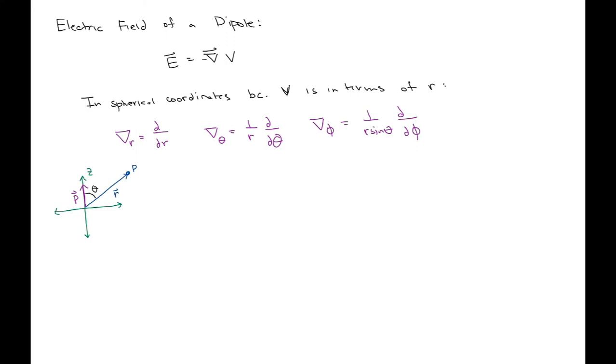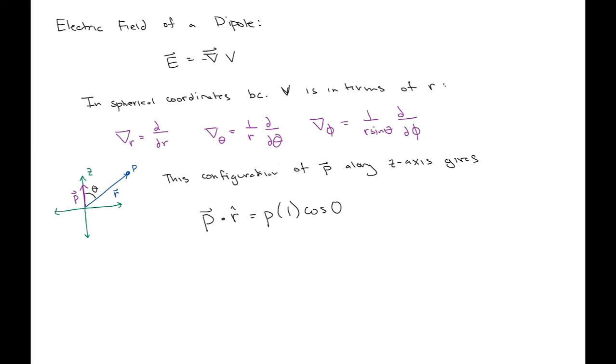So this particular configuration of P along the z-axis is nice, because now when I do p dotted with the r hat vector, I get the magnitude of p just like normally I would, times the magnitude of r hat, which is just 1 because that's a unit vector, times the cosine of the angle between them.